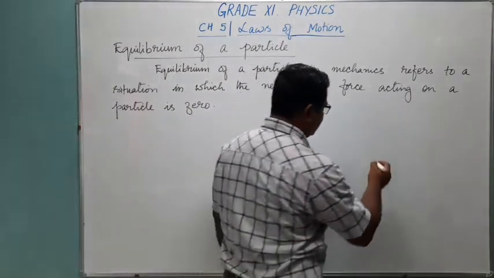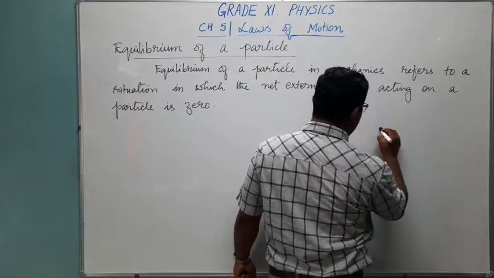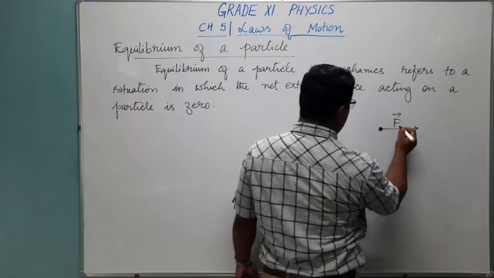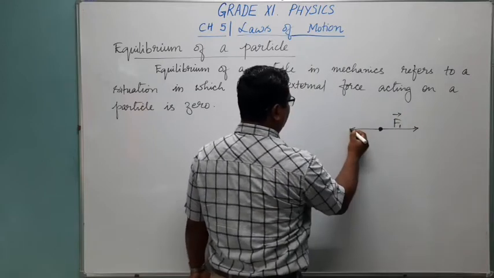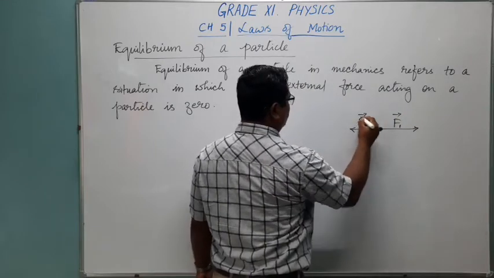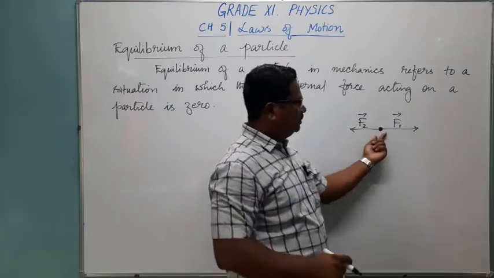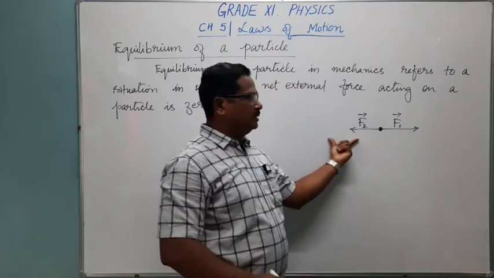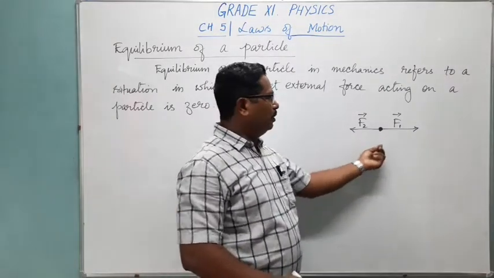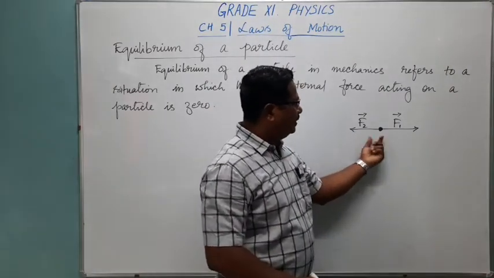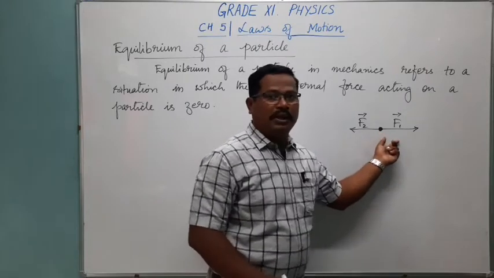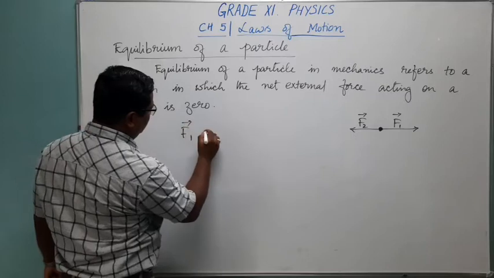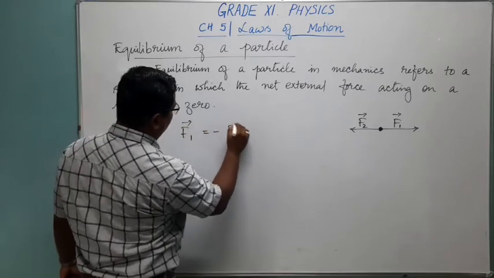Suppose let us take an example of a particle here, and this particle is being acted upon by two forces. Let us say F1 and the other one is F2. We know that towards the positive x-axis the force is positive and this is negative, and if both the forces are equal, then the body will be in equilibrium. So F1 is equal to minus F2.